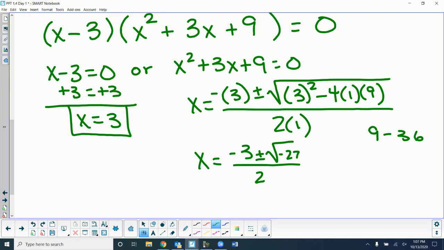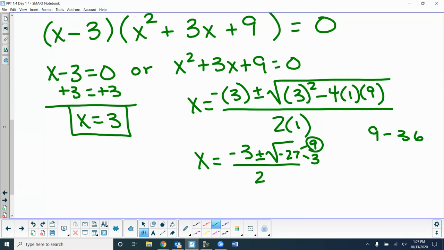Can I simplify 27 with the factor tree? What times what? 9 and 3. I like those two numbers. Why? The 9's a perfect square, right? If it was cube root, we could do the perfect cube, right? We already, basically, that's how we started this one.